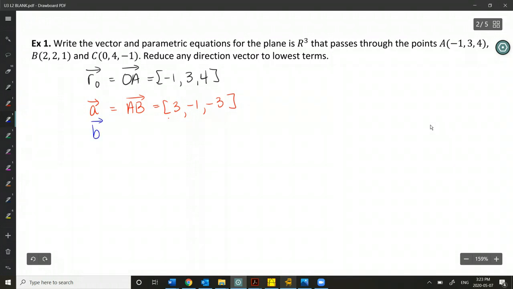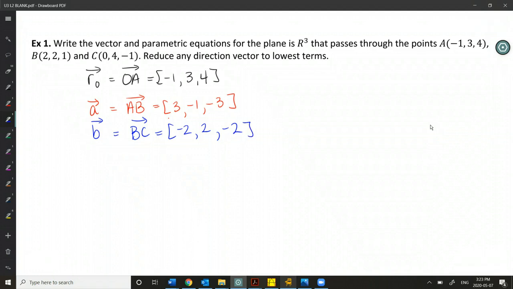For our second one, we can use AC or BC, but I can't use something like BA because that is basically just another vector that is collinear to AB. So I don't want to use BA or AB again. The options are AC or BC. Let's say we use BC for the next one. So I'm going to do C components minus B components, giving me -2, 2, and -2.